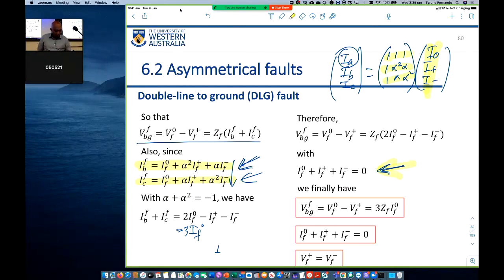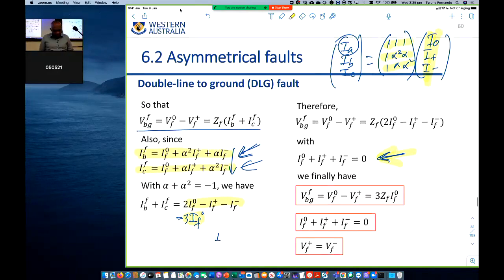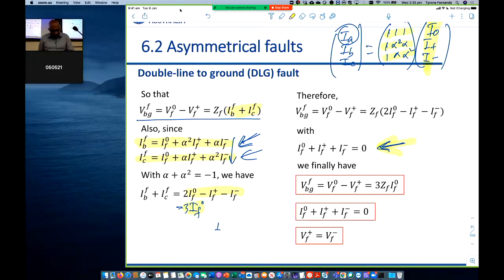So minus IF plus minus IF minus is in fact IF0. So then this whole term is just 3 times IF0, which is this expression here. So VBGF, which is equal to VF0 minus VF plus, is 3 ZF IF0.